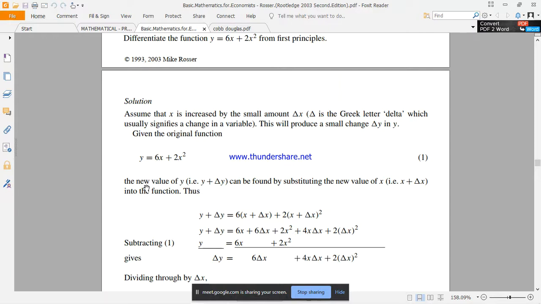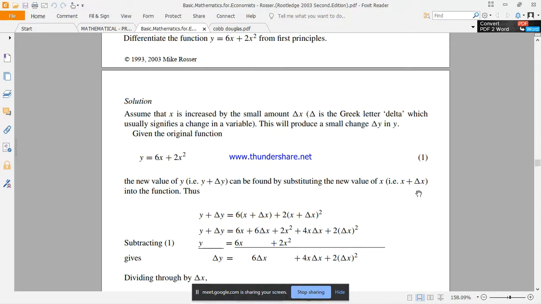So the new value of y is y plus some change in y, where y is the initial value before we encountered any changes. The new value will be the initial y plus that incremental y resulting from the increase in x. The new value of y can be found by substituting the new value of x, x plus change in x, into the function, because this change in y has been induced by the change in x.